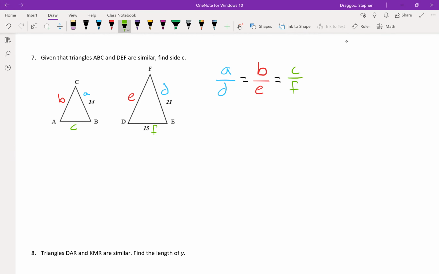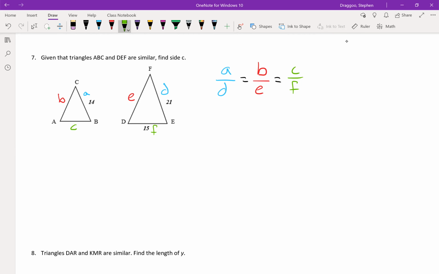And while each of those are true, it's impractical to use all three pieces in a single problem. So anytime we're actually going to be applying this rule about ratios in similar triangles, I'll just be picking out two of the three pieces that I need.